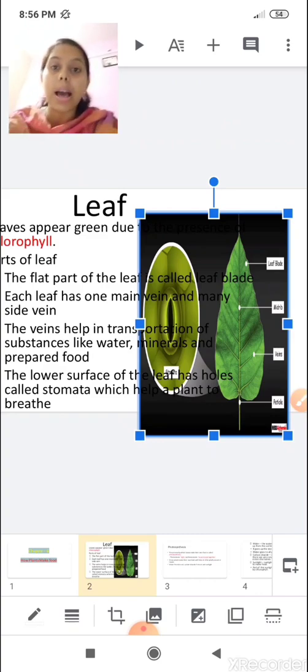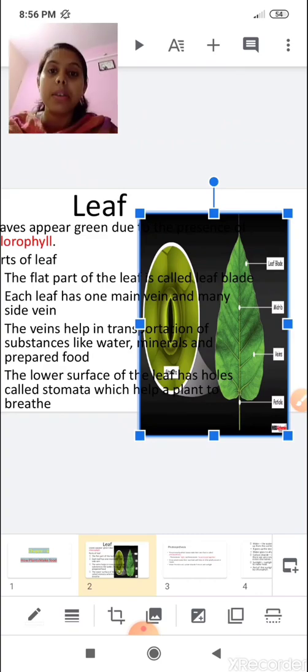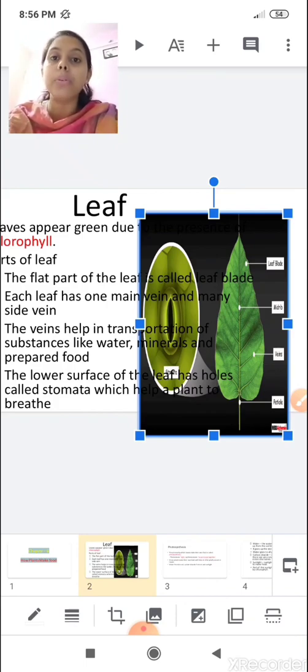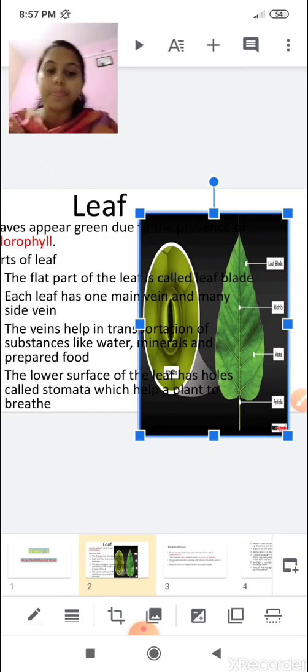It is an eye-like structure which works as a gate that allows the entry and exit of air. So this allows the entrance of carbon dioxide and the exit of oxygen. You know that plants give out oxygen and take in carbon dioxide.